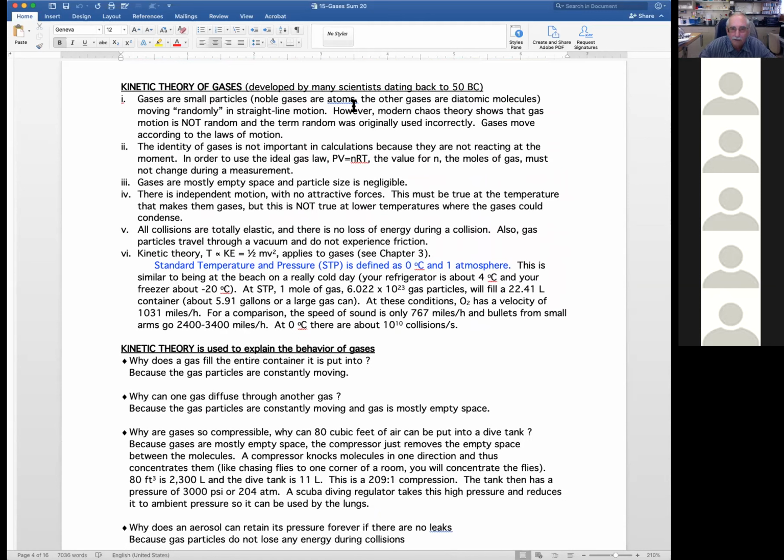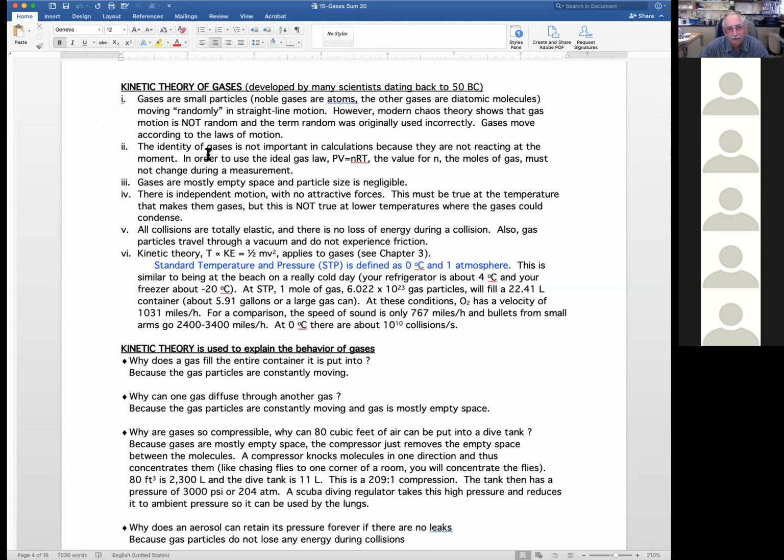Remember, the noble gases are atoms, the other ones are diatomic molecules. And the kinetic theory says that they're moving randomly in straight line motion. But the word randomly is just because back in the old days, they didn't understand it was just going everywhere. But really, there's nothing random about it. Gases move according to the laws of motion. Simple as that.